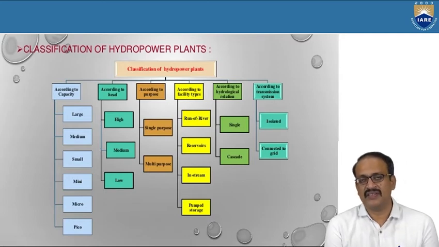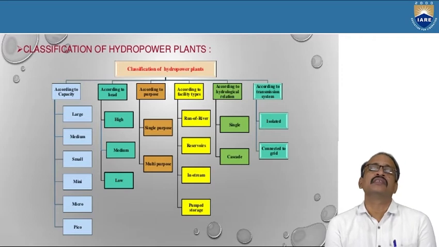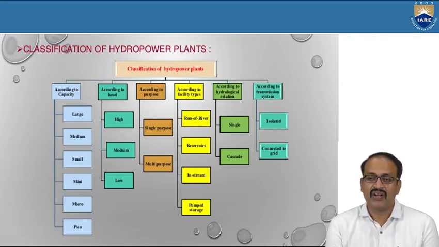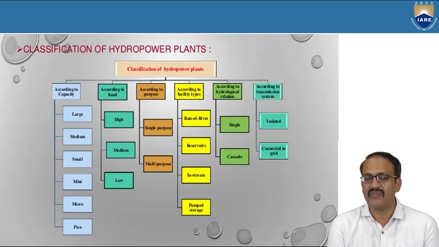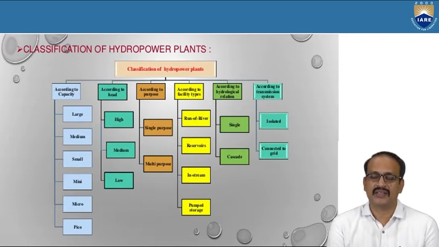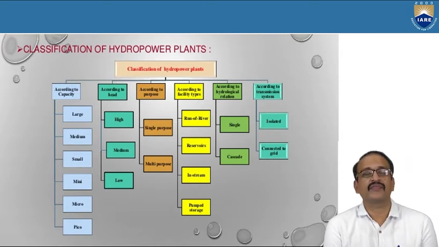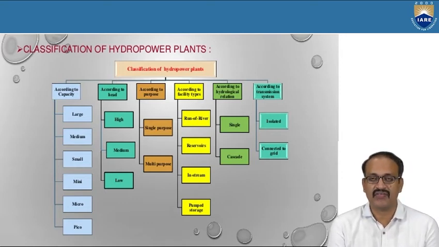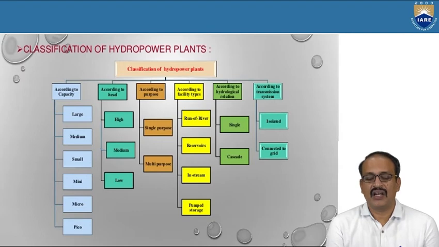Yes, there is demand for small cases, there is so much potential. But instead of constructing 10 small dams, constructing one big, large dam is equal to that. So that's why they always give preference to constructing a large one.